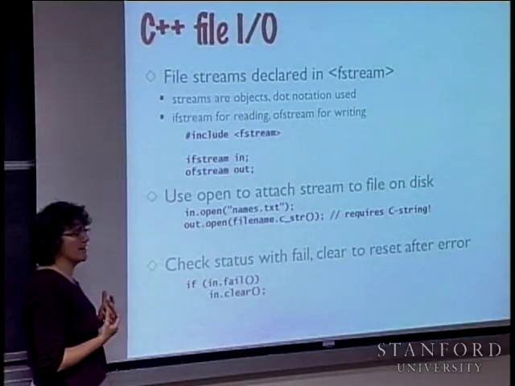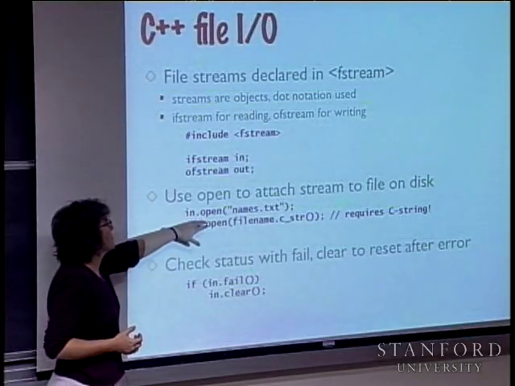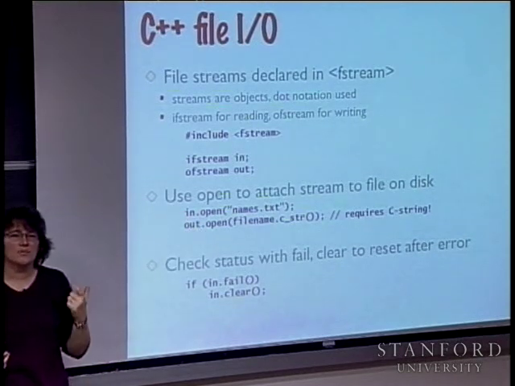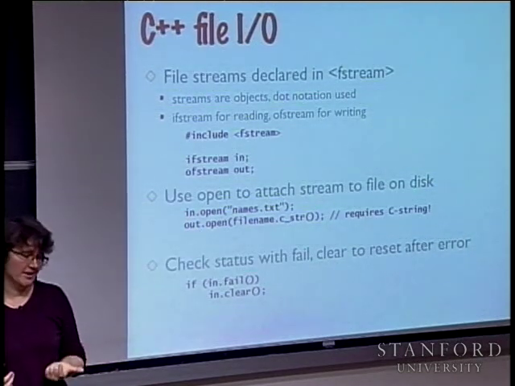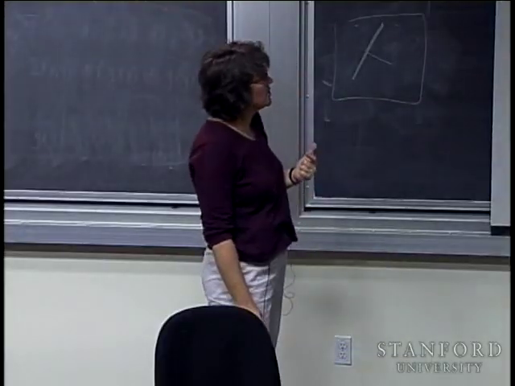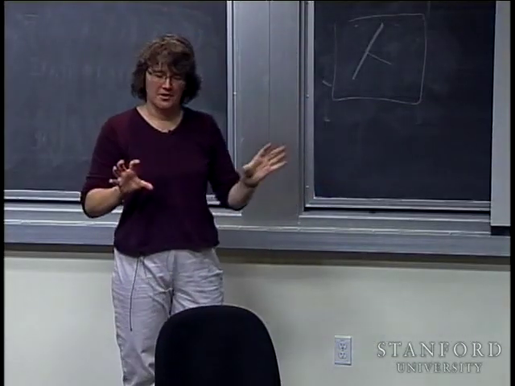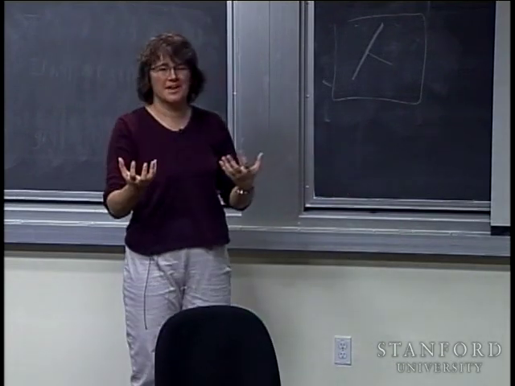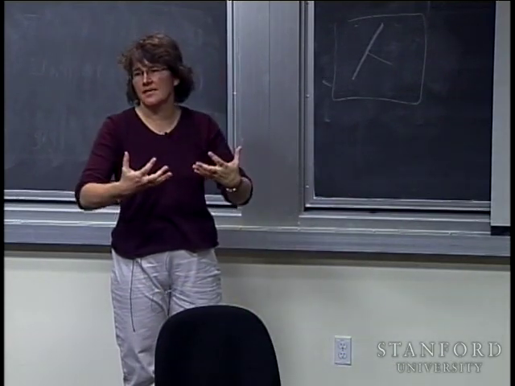This is the case that comes up. The open operation on ifstream and ofstream expects its argument to be specified as an old style string. This is actually just an artifact. It has to do with the fact that the group designing the stream package and the group designing the string package were not in sync and were not working together.